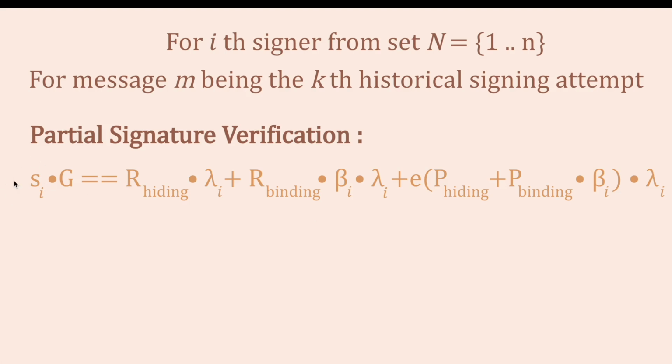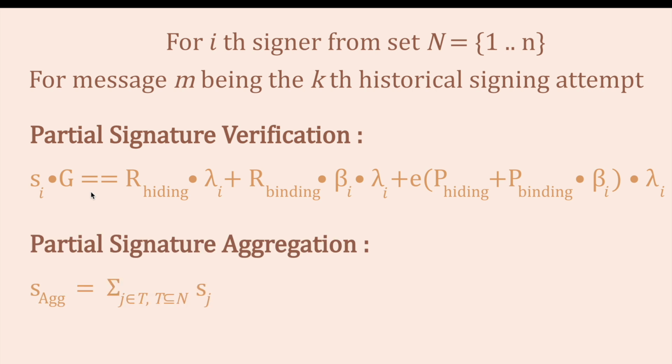If it equals the SE from the participant times G, it passes the verification, and when it passes, it's pretty straightforward to sum it all. Simply we add the partial signatures that pass, and if you have T of them, it gives you a valid full signature.